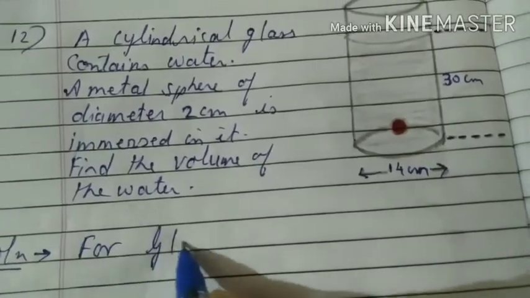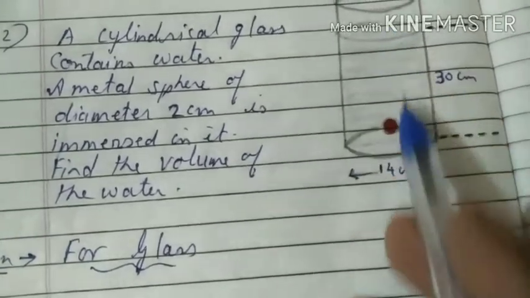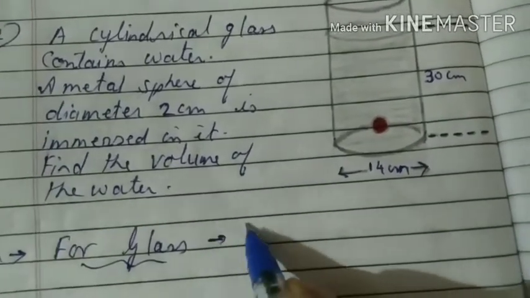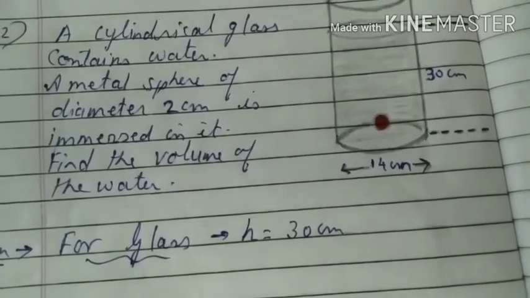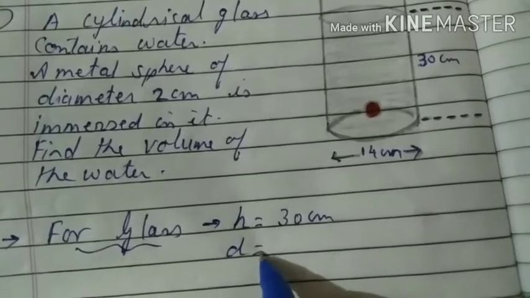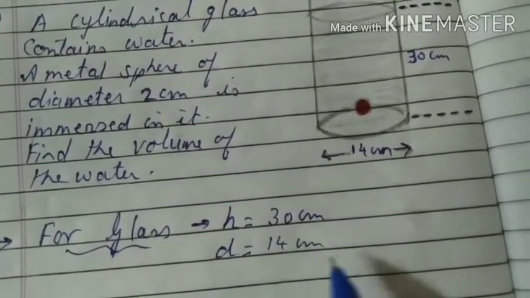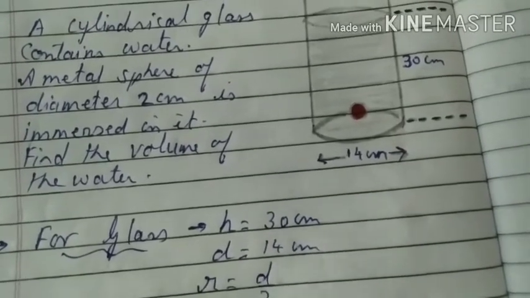For glass, for this cylindrical glass, the height is given 30 centimeter and diameter is given, you can see, 14 centimeter. So I will find radius. Radius we know, that is d divided by 2.